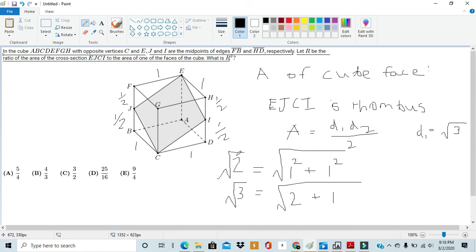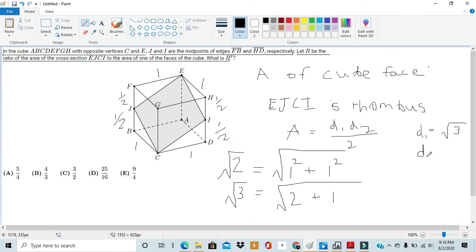Just as we computed for the diagonal ED, we plug in 1, and we plug in 1 once again, and then taking the square root of the sum of their squares, square root of 1 squared plus 1 squared, we get that root 2 is the length of B to D. Thus, root 2 is also the length of JI.